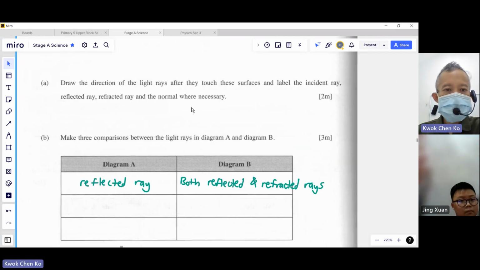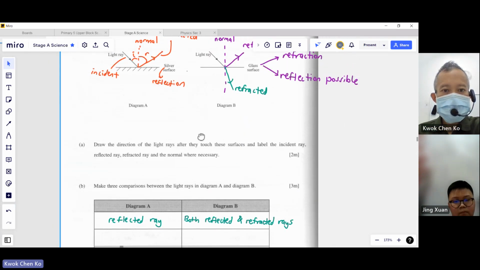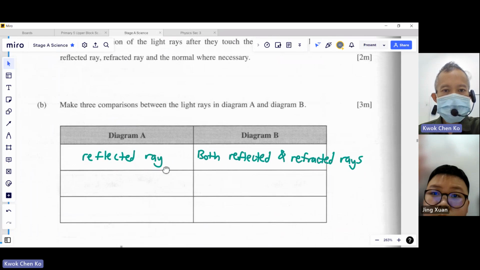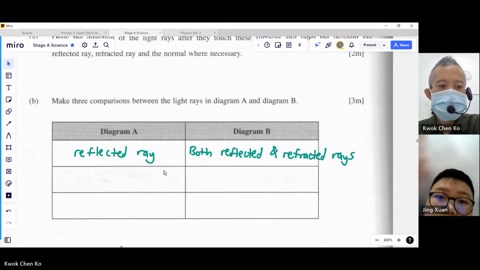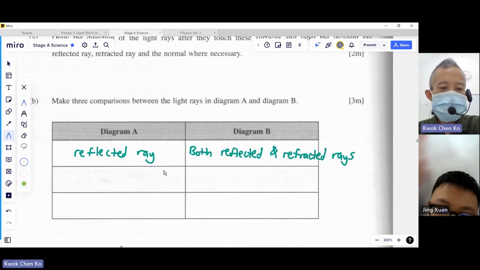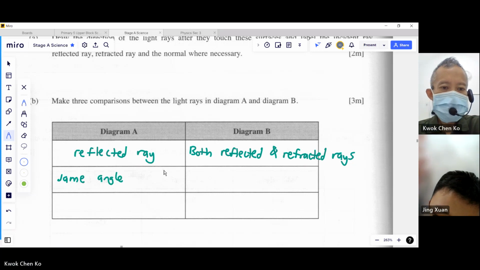Okay, so comparisons within the light rays. Well, of course, you have the same angle, same angle as the incident ray.